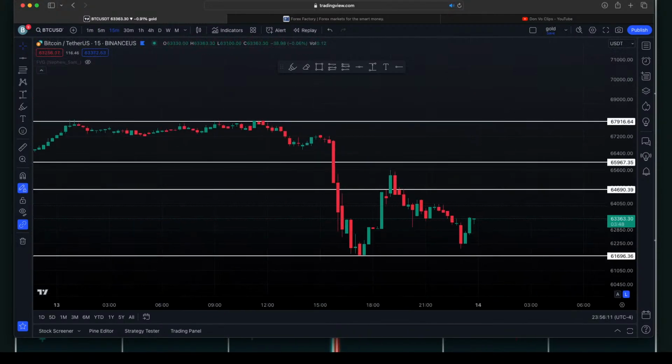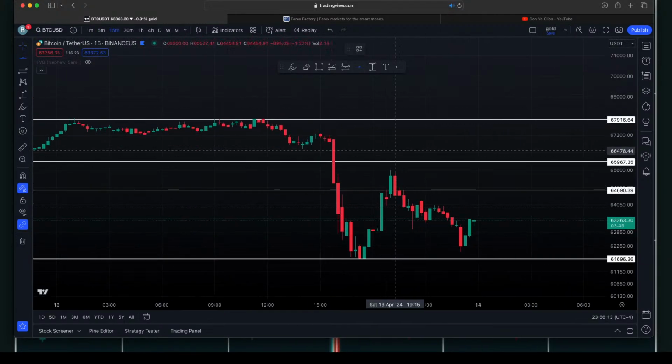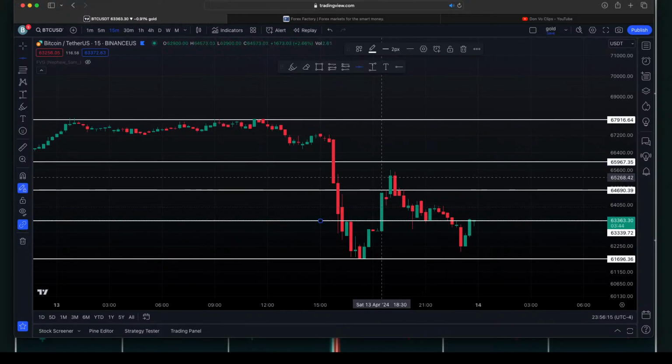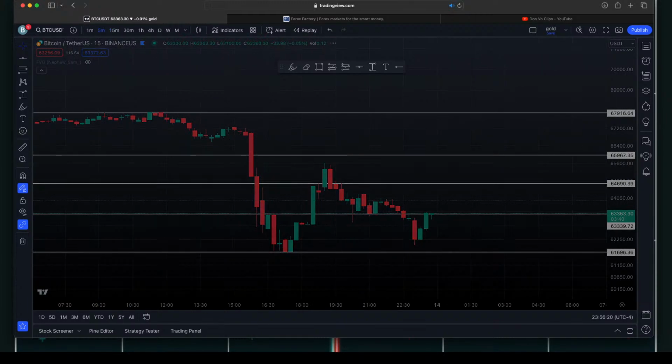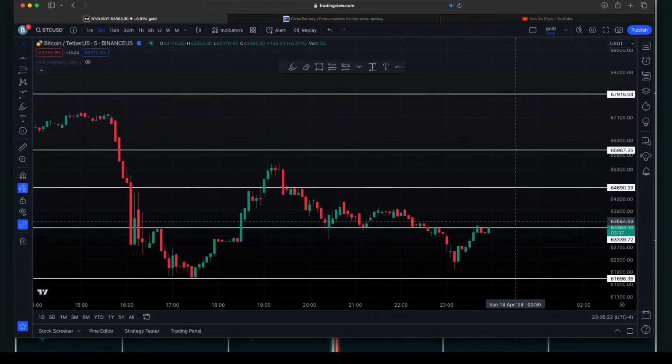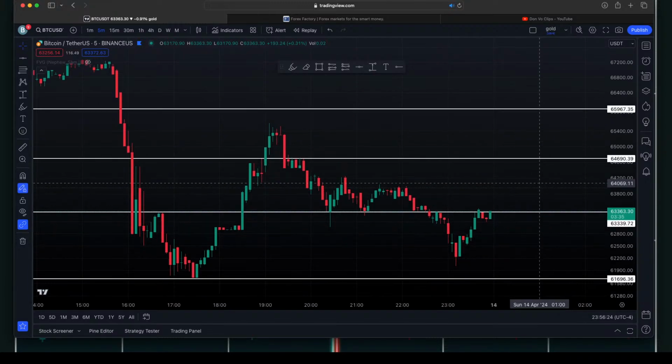I could also put a support line in here, which will kind of signal that in a sense. So I kind of have that idea.